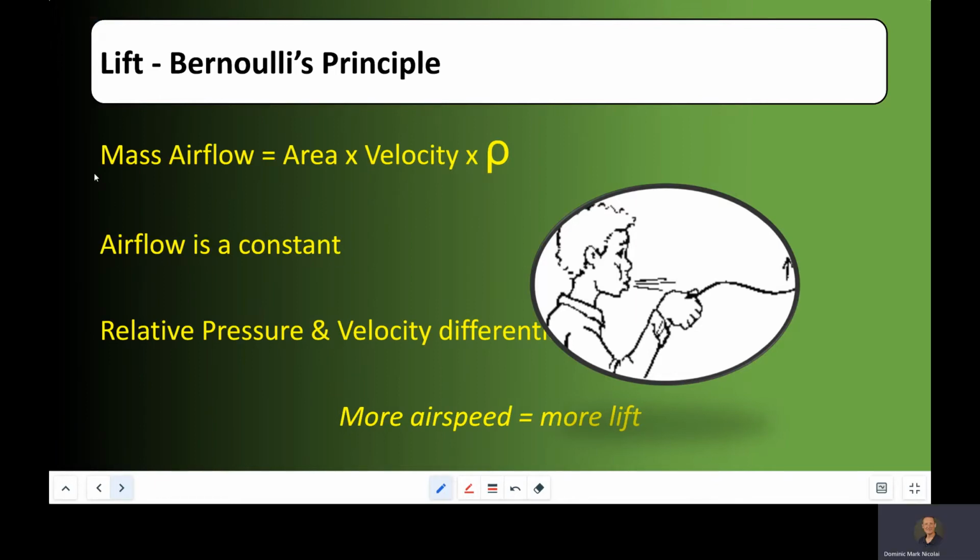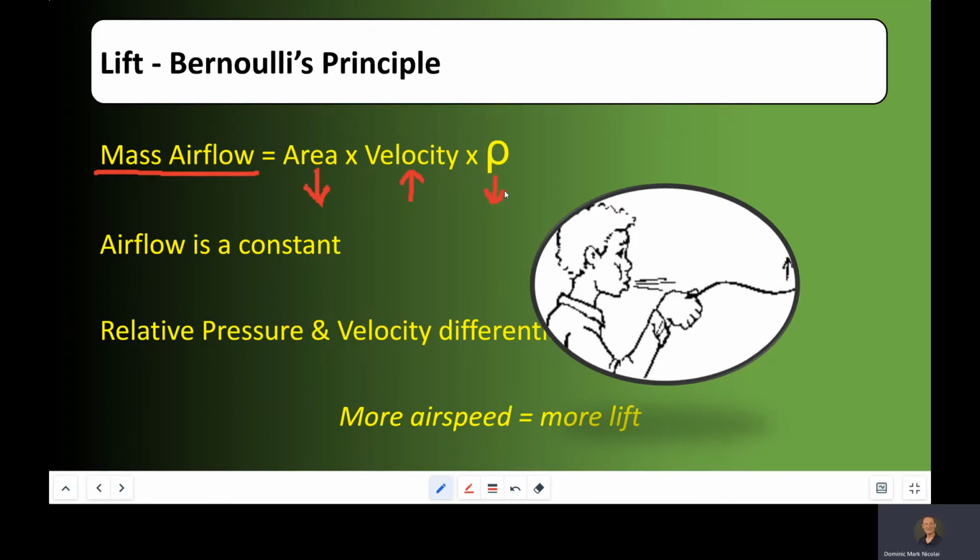He had a tube with a restriction in it and found that the amount of airflow going through the tube, as it hit the restriction, that same amount of airflow, given that volume, made it through the restriction. So even though there was a reduction in the area, Bernoulli found that the velocity of the air did increase, and also that the pressure of that air decreased going through the restriction. So this is Bernoulli's principle for lift development.